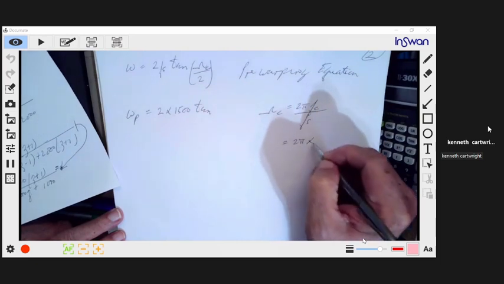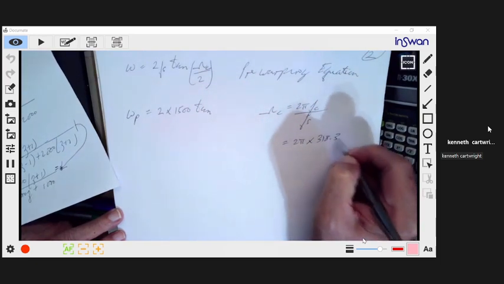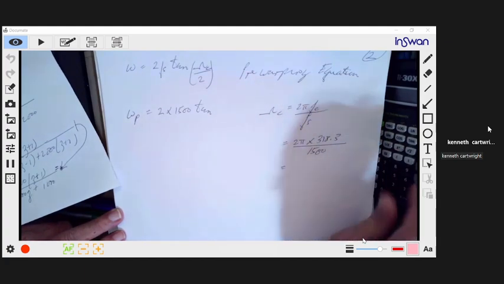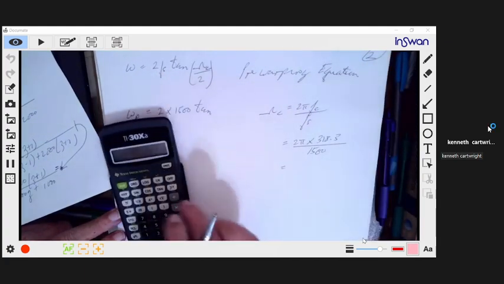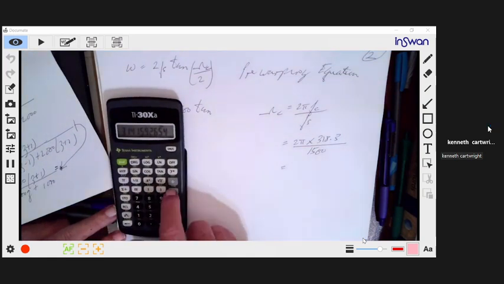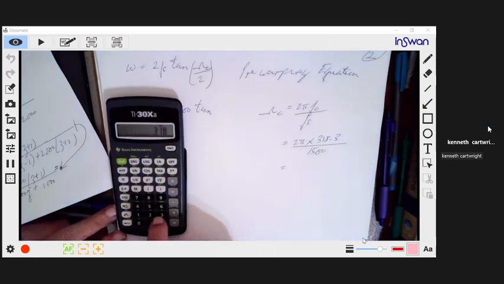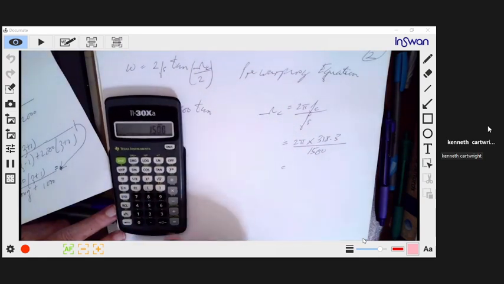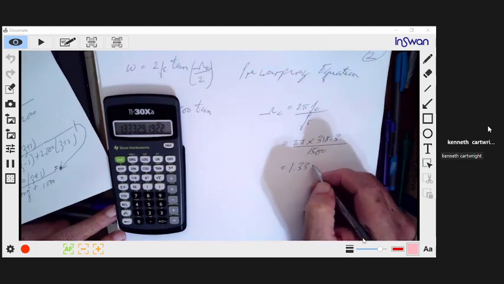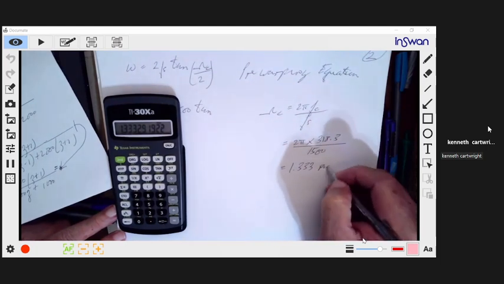So that's 2 pi times 318.3 over 1500. So that is 2 times pi times 318.3 divided by 1500, which is 1.333 rads.